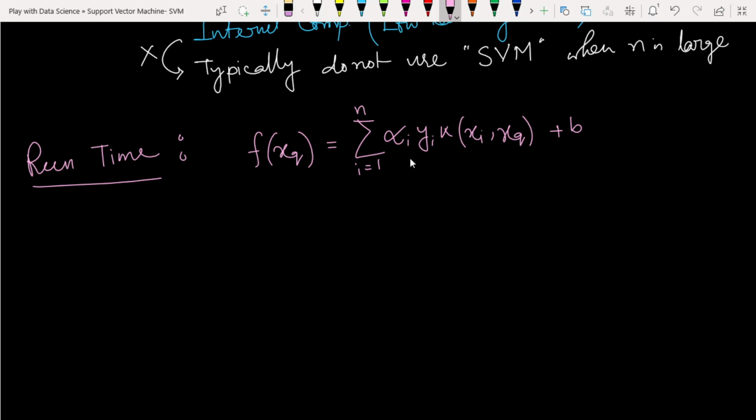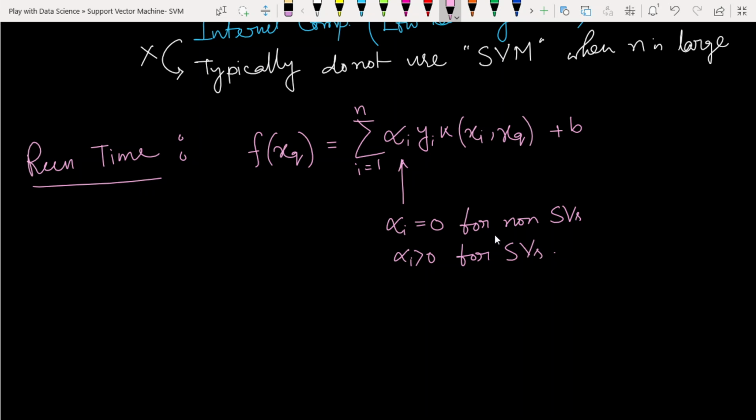By simply applying this function, we can find the output for a query point, as we saw in the previous lecture. Here alpha is equal to 0 for non-support vectors, and alpha is greater than 0 for support vectors only.